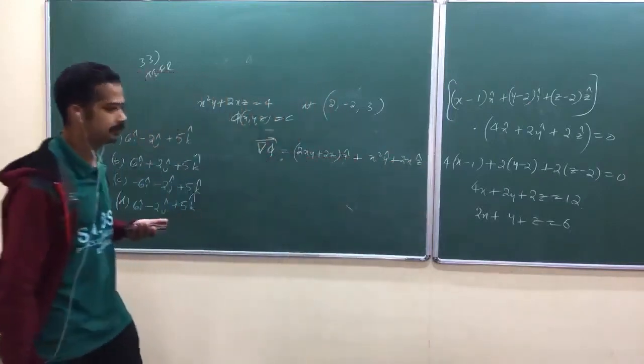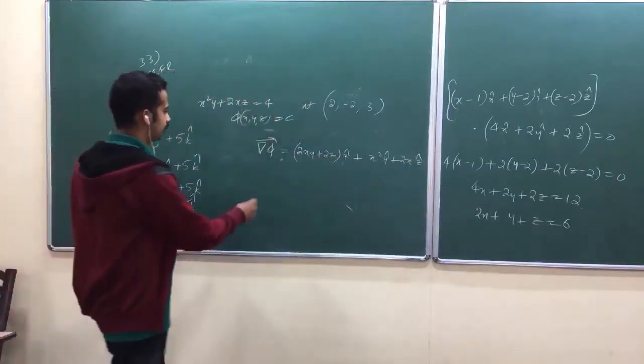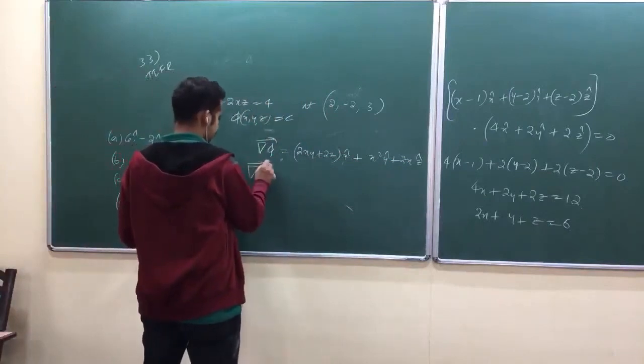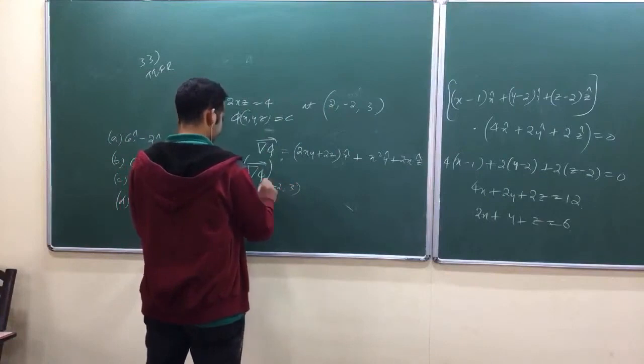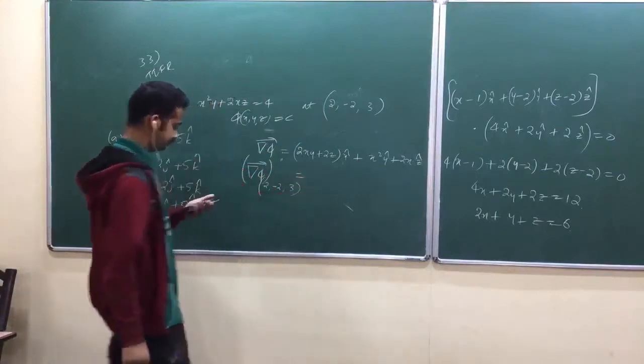Okay, find the gradient at 2 comma minus 2 comma 3. Quickly.